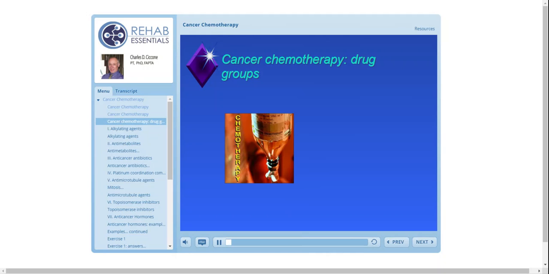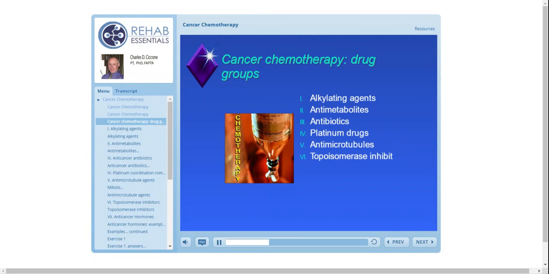What we'll do then is focus on groups of cancer drugs that are classified according to their chemistry or mechanism of action, starting with the alkylating agents, the antimetabolites. We'll get into the antibiotics, the platinum drugs, drugs that affect the microtubules in the cell, topoisomerase inhibitors, hormones, and probably the newest and most important drugs right now, the targeted and biological treatments, and finally a group of miscellaneous drugs.